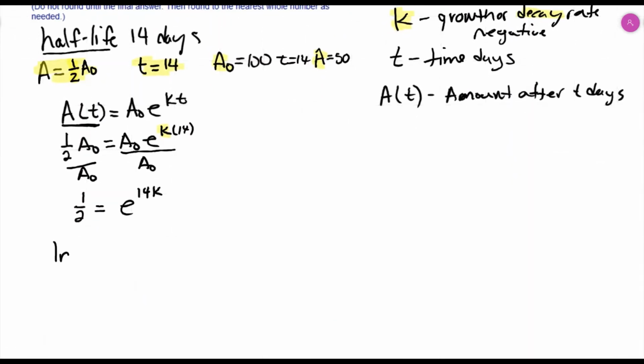Then I'll take the log of both sides to solve this exponential equation. I can use the power rule to bring that 14k out front. Natural log of e is 1.